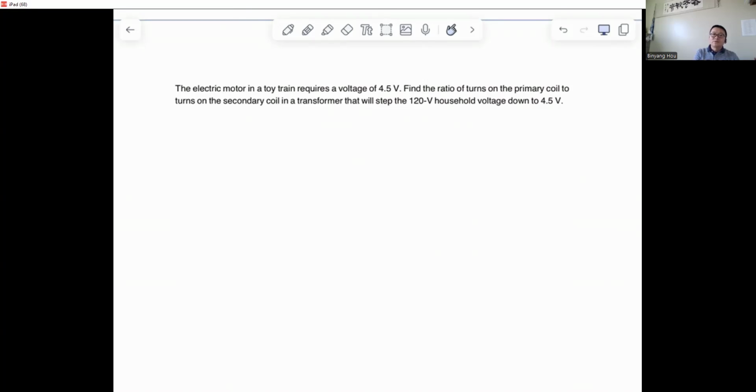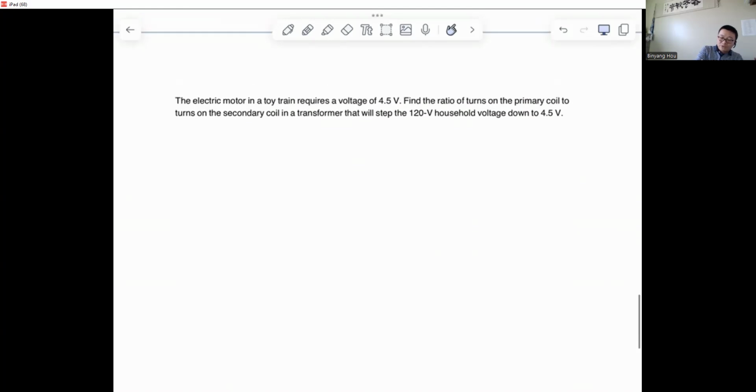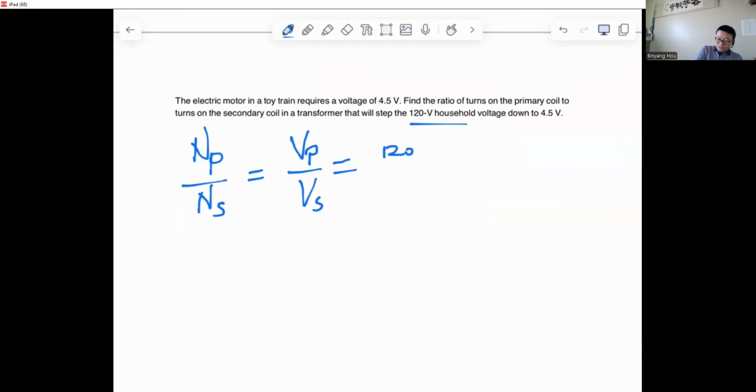So it's looking for a ratio of turns on the primary to the turns in the secondary. We are looking for the number of turns in the primary over the number of turns in the secondary. That should be equal to the voltage in the primary over the voltage in the secondary. So simply, the primary input is 120 volts divided by 4.5 volts in the secondary, the output there.